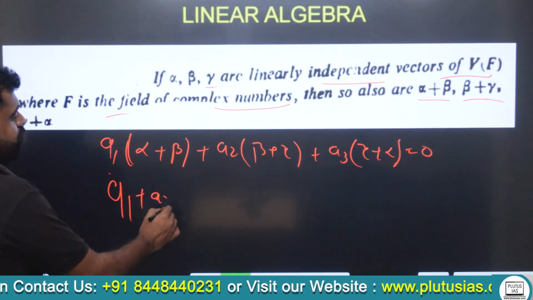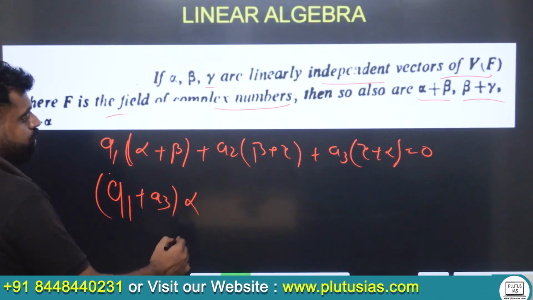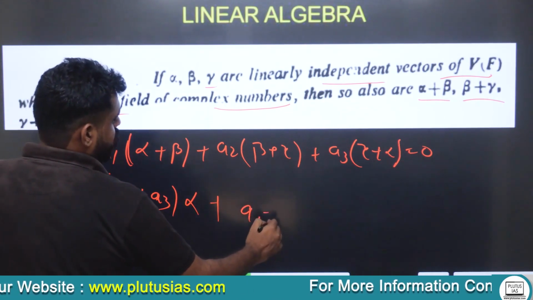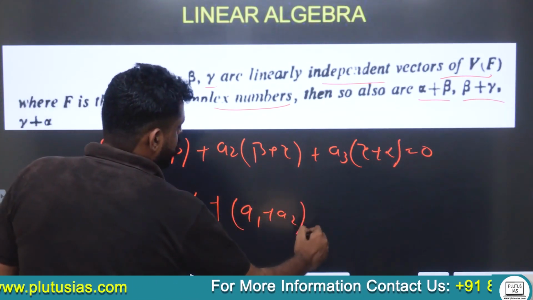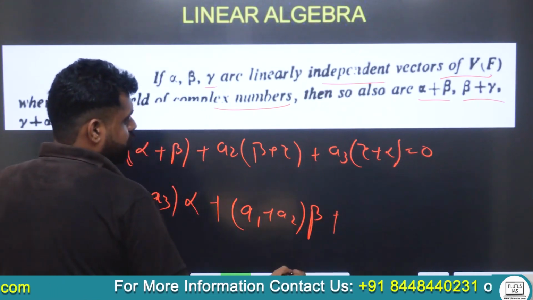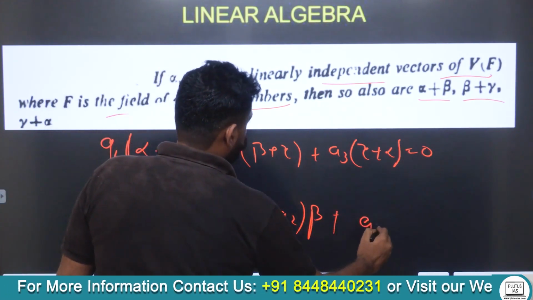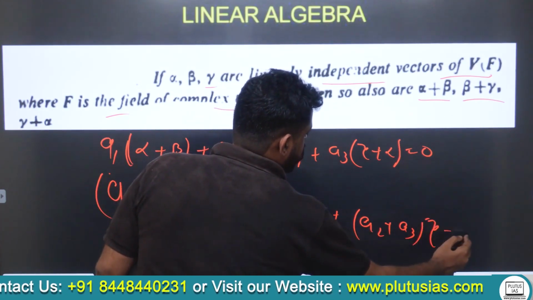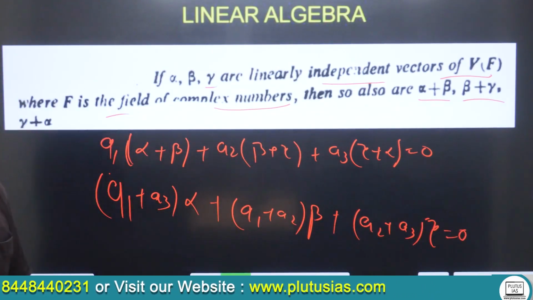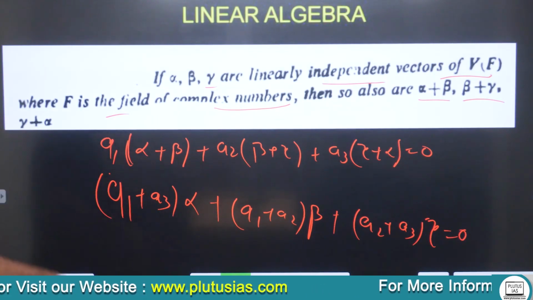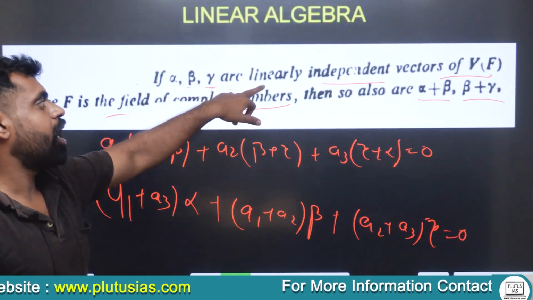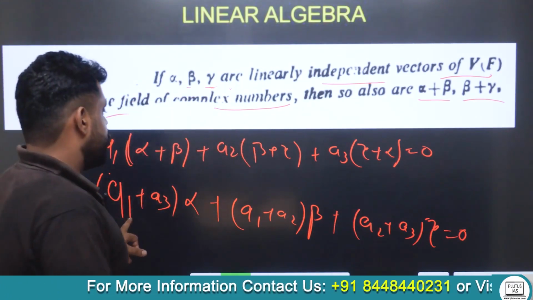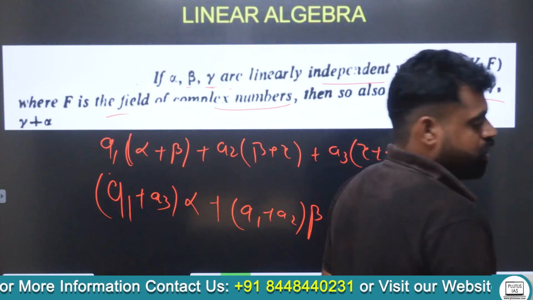We have (a1 plus a3) alpha plus (a1 plus a2) beta plus (a2 plus a3) gamma equal to 0. Why have I done this? Since it is given that alpha, beta, gamma are linearly independent, these three coefficients must be equal to 0.